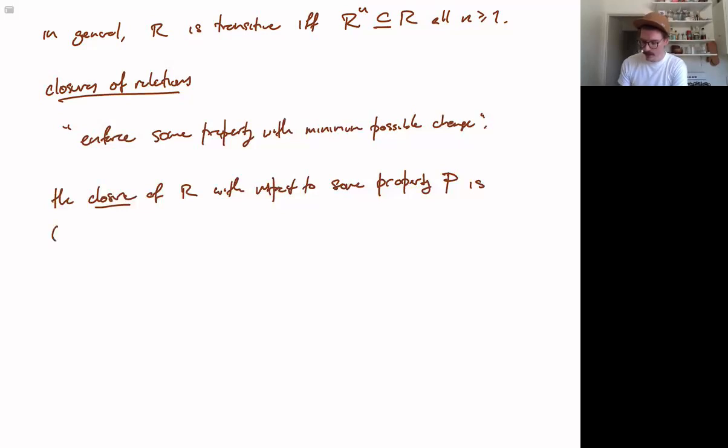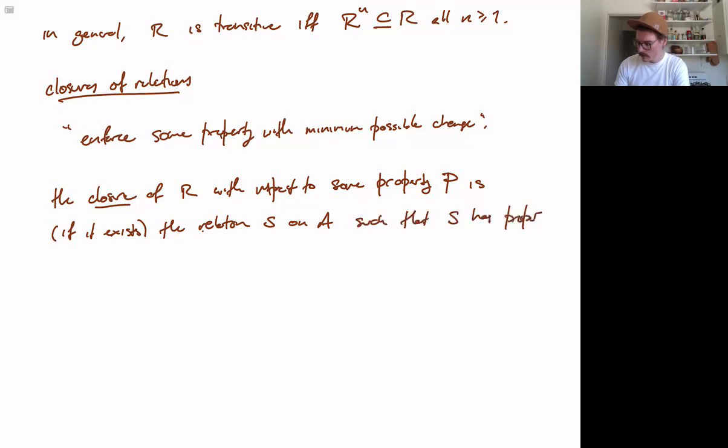It may not exist, but if such a thing exists, then it is a closure, which is the relation S on the same set, such that S has property P, and basically for any other relation that also contains R and has property P, it must contain S.